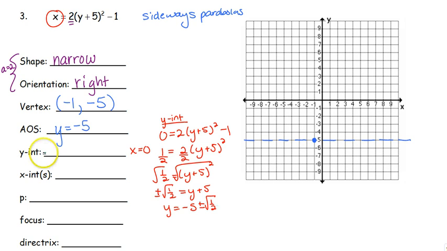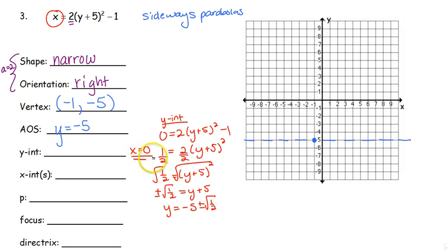I don't want exact answers for the y-intercept, so you don't have to worry about rationalizing this and getting it into simplest form. I just want to know what the decimal is going to be, so don't waste your time rationalizing and doing all that kind of stuff. Just plug this into your calculator: -5 plus the square root of 1/2 and -5 minus the square root of 1/2.